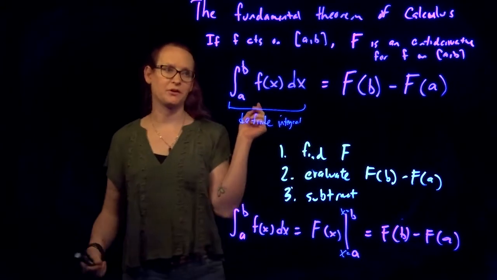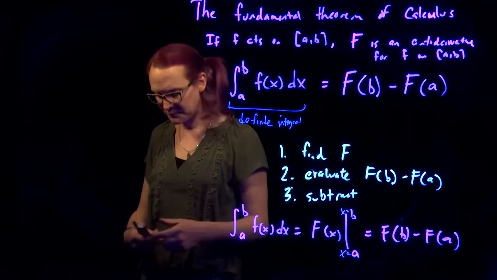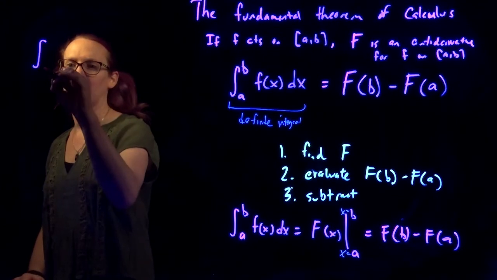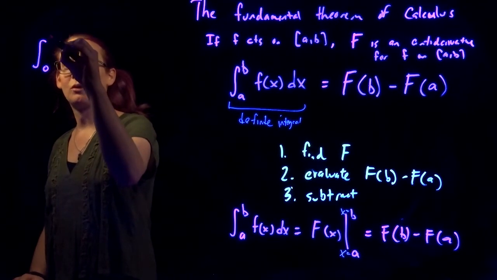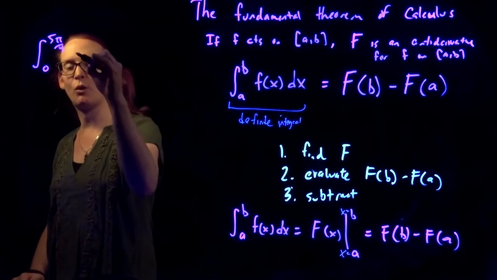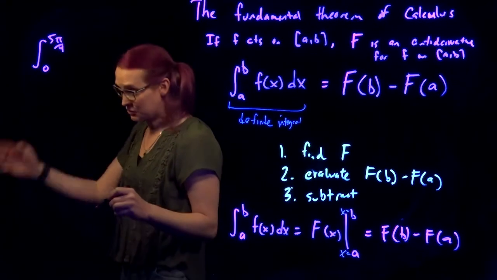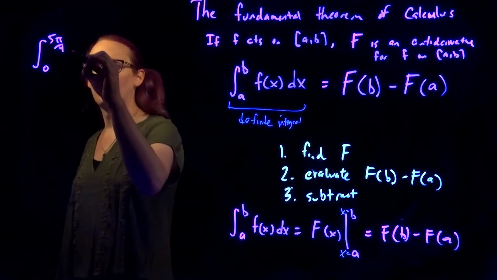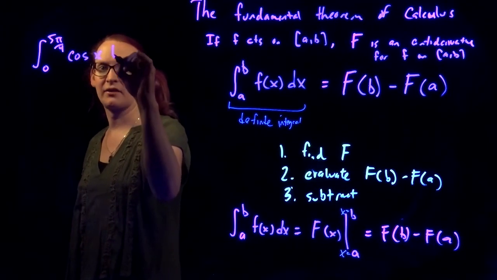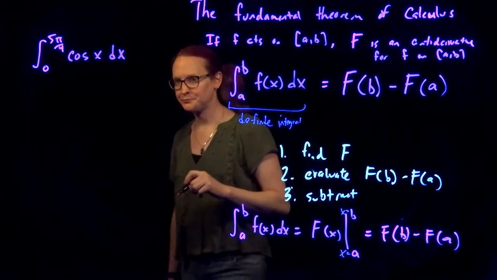Let's do a definite integral using the fundamental theorem of calculus, shall we? Let's integrate from 0 to, let's go to 5 pi over 4 of, let's use a trig function. Let's go with, how about cosine of x dx.